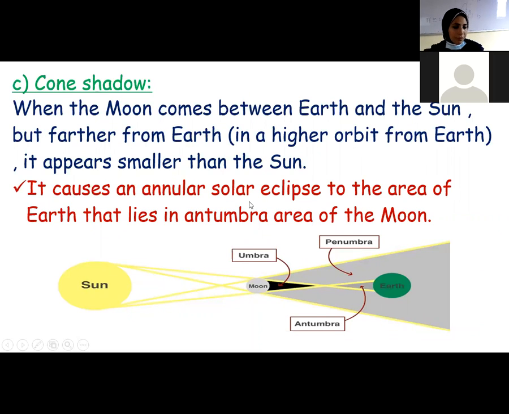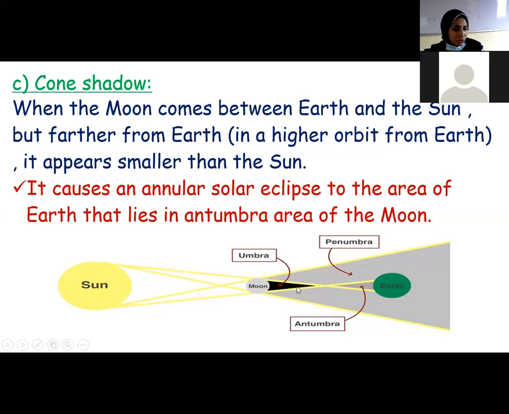When the moon is farther from the earth, in a higher orbit, the cone shadow, which is the umbra shadow, doesn't reach the earth because the moon is farther away.